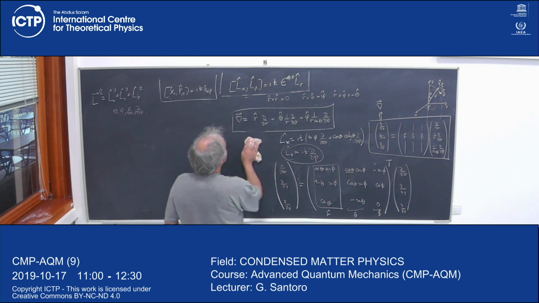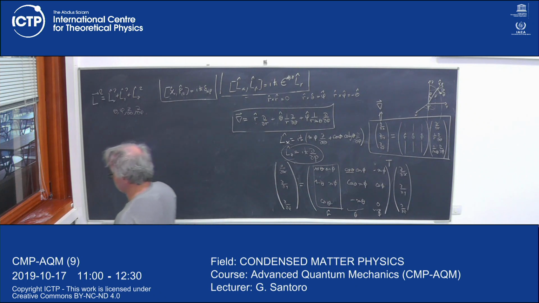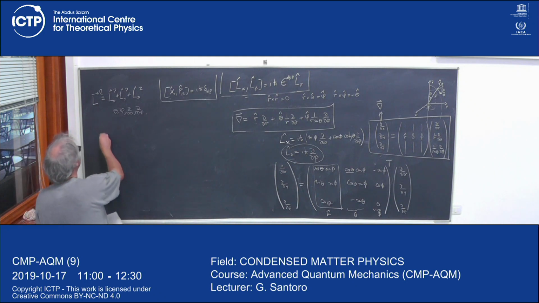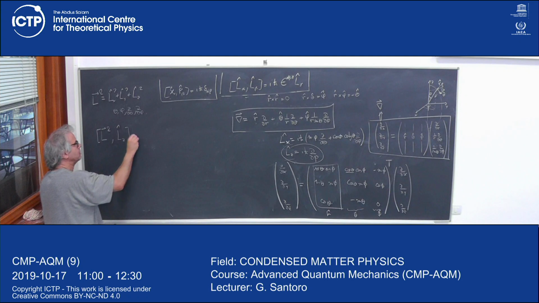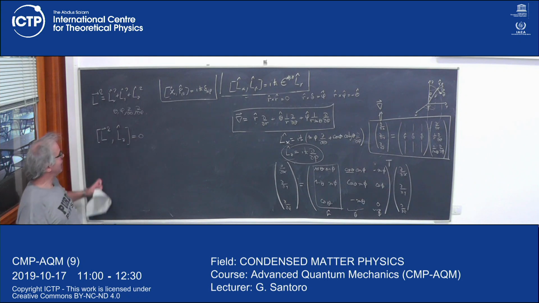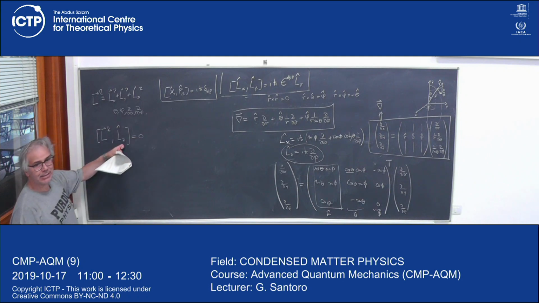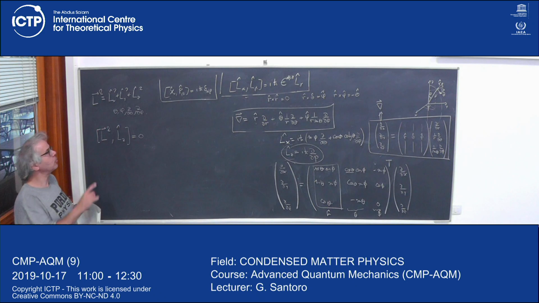The important aspect of the story is the following. L square, as an operator, and Lz commute. And in fact, L square commutes also with Lx and with Ly. So L square is an operator that commutes with any of the three operators that you want.